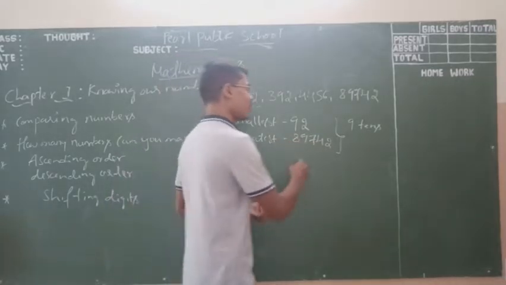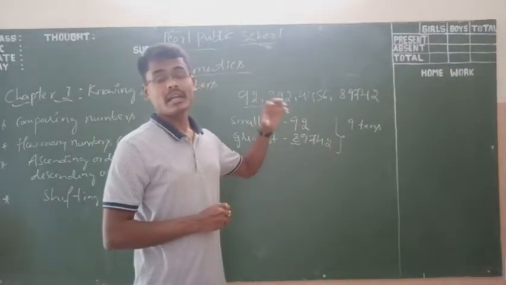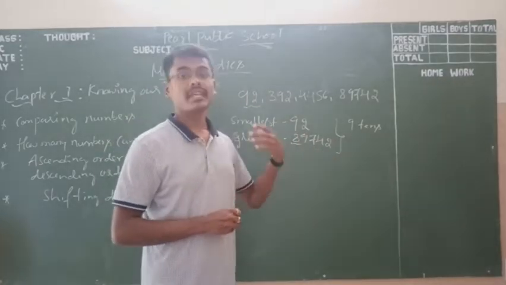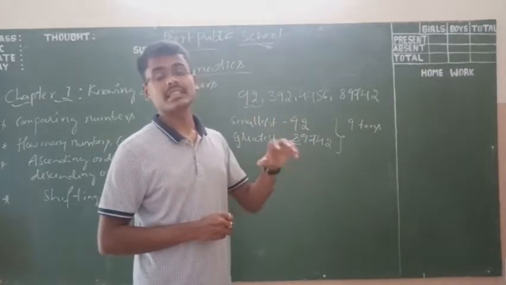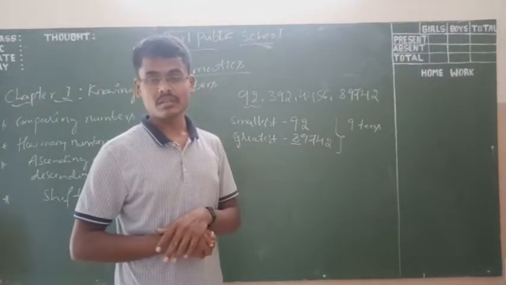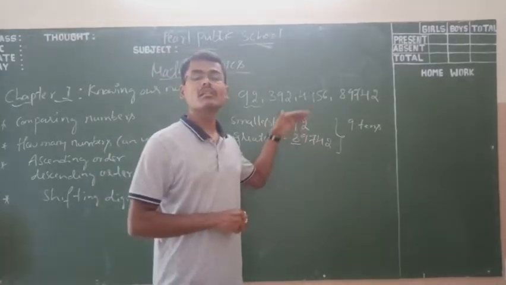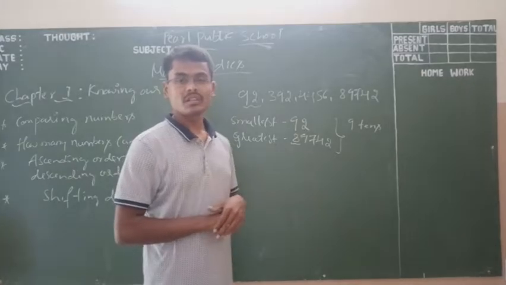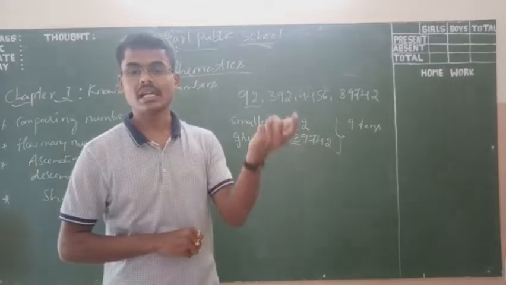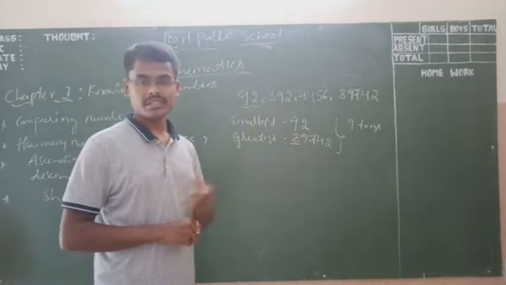Here we can see 8 ten-thousands, 9 thousands, 7 hundreds, 4 tens, and the last one is 2, a single digit number. By writing out this procedure, we identify that 92 becomes the smallest and 89,742 becomes the greatest number.